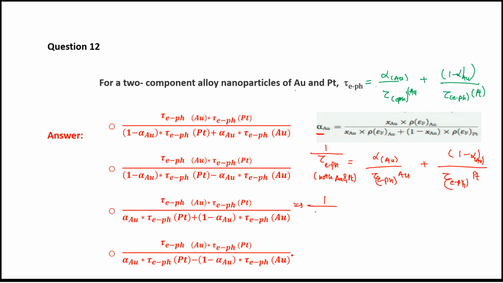Now what we need to do is: 1 upon tau EPH is equal to alpha AU upon tau EPH of gold plus 1 minus alpha AU upon tau EPH of platinum.